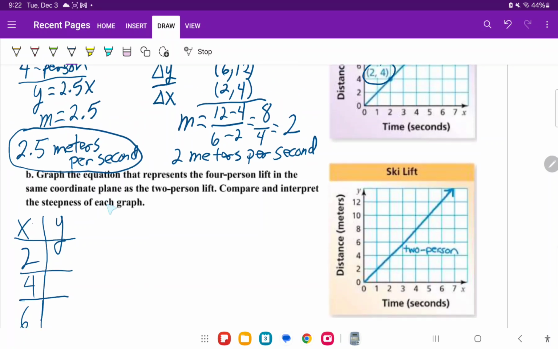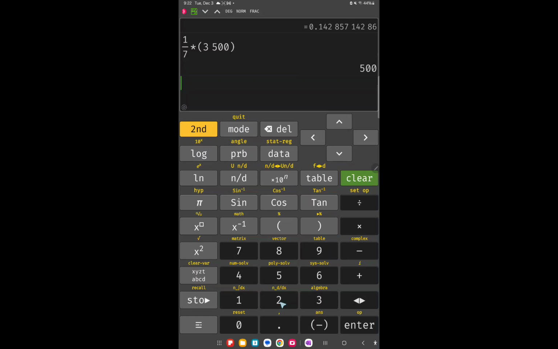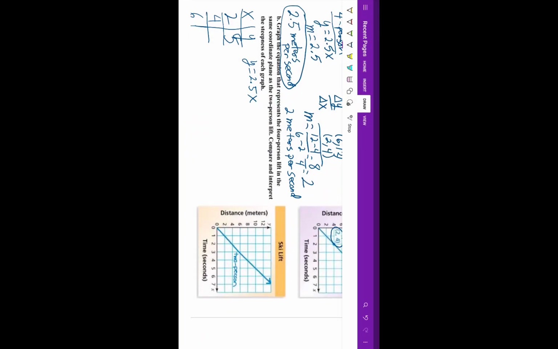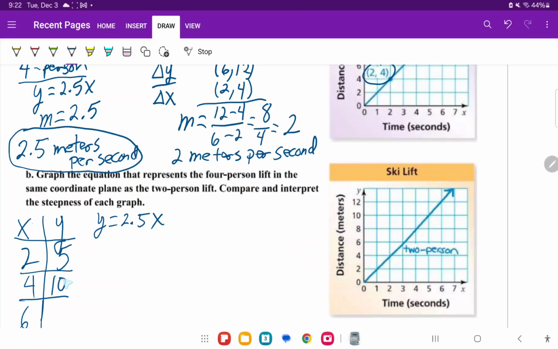And so our equation that we're using is y equals 2.5x. All right, so if we put 2 in here for x, 2.5 times 2, well, that's going to be 5, right? And then if I put 4 in there, 2.5 times 4, that is 10.